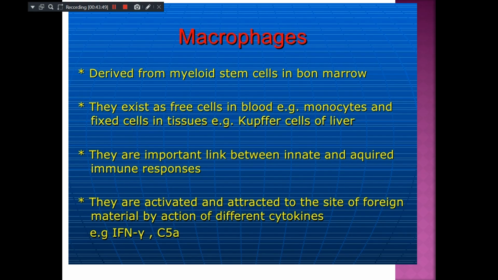These monocytes, especially the macrophage, are an important link between the innate and acquired immune system. Innate immune system means the immune system that we have inherited by birth. Acquired immune system is whatever immunity we have developed in our lifetime. Then they are activated and attracted to the site of this foreign material by the action of different cytokines and destroy them.